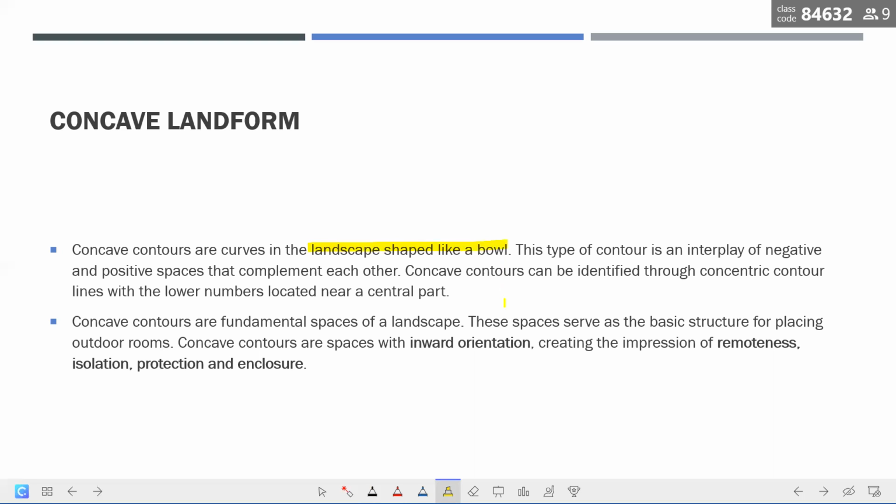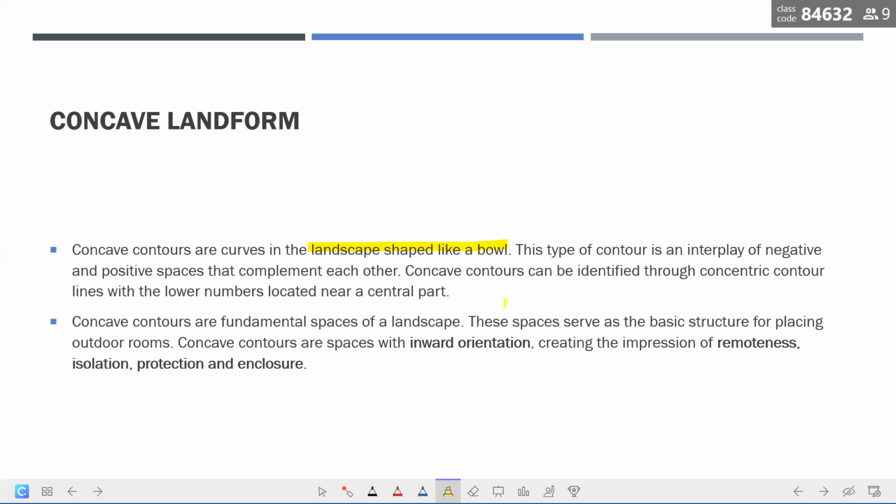Concave contours are fundamental spaces within a landscape. These spaces serve as the basic structures for placing outdoor rooms. So if you want outdoor play areas, outdoor activity areas, then you can start with identifying the concave landforms and place them there tentatively, and then work your way to connecting these concave contours.